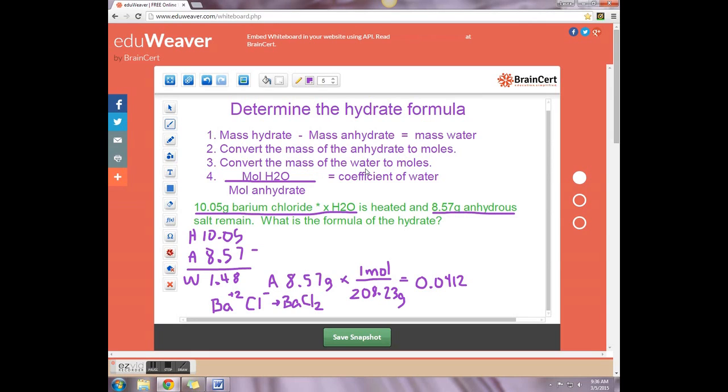Then I repeat the process for water. The mass of water that I calculated was 1.48 grams.